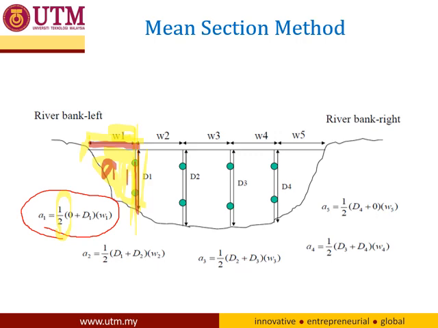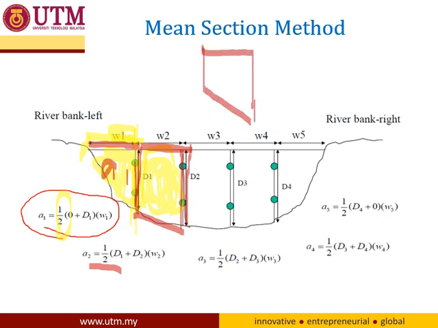And then A2, the same thing, using the trapezoid formula. So you get W2 multiplied by D1 plus D2, and then divide by 2. This is trapezoidal, right?